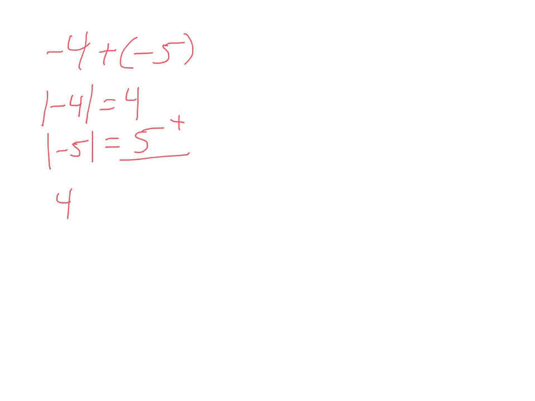So I do 4 plus 5, which is 9. Now, will it be a positive or negative 9? Since the larger absolute value came from a negative number, my answer will be negative.